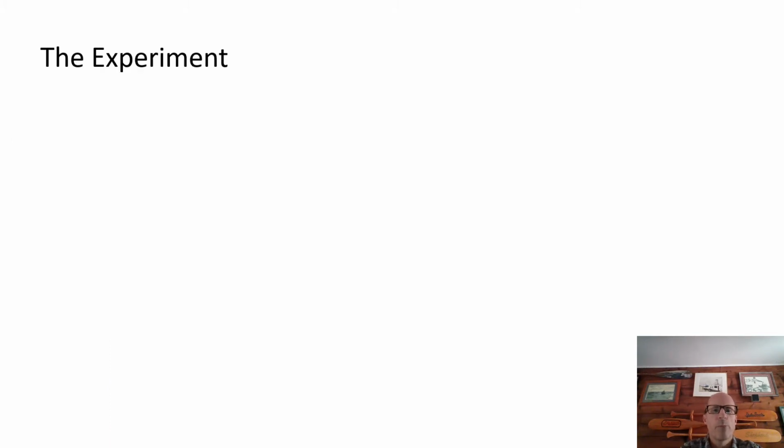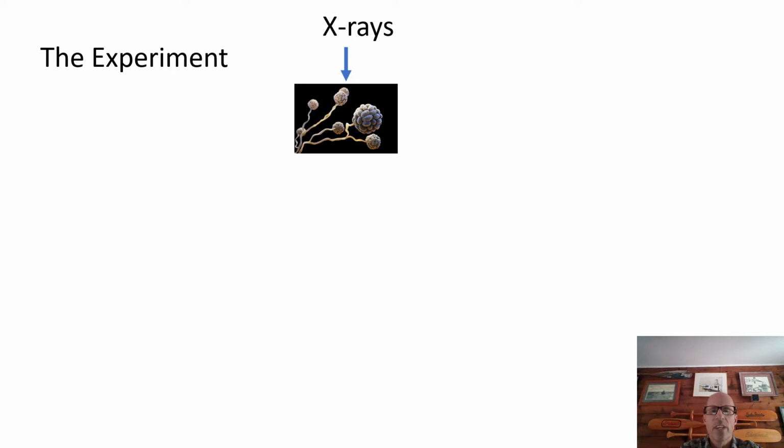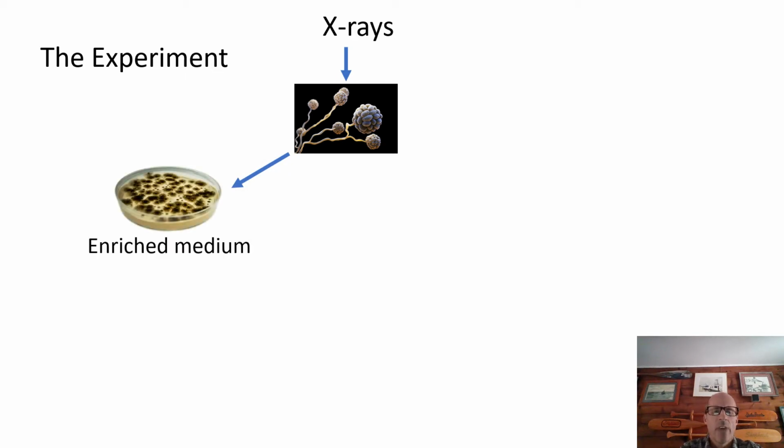So here's their experiment. The bottom line is they took the bread mold spores and irradiated them with X-rays. Then they took that bread mold that had been irradiated and cultured it on petri dishes, and the enriched medium just means that all 4 metabolites, A, B, C, and D, were present. The enzymes were present, and that allowed the bread mold to grow even though they had been irradiated.